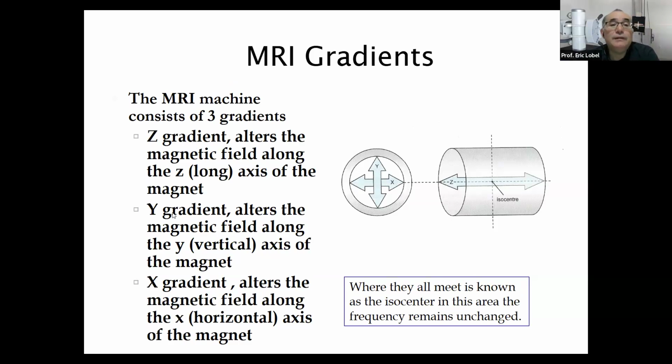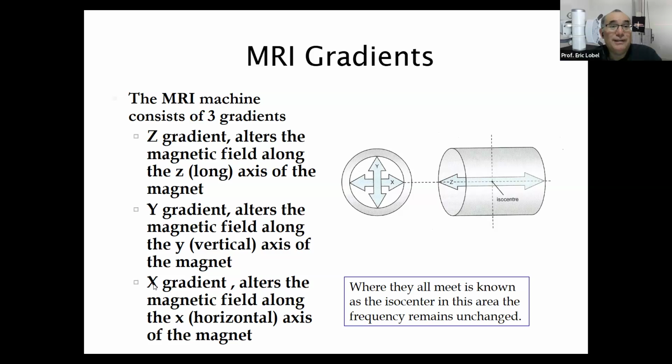The Y gradient is going to go from the front to the back, so anterior to posterior. And the X gradient is going to go across the body from left to right, from shoulder to shoulder, essentially. And that's how we can slice and dice up a patient.